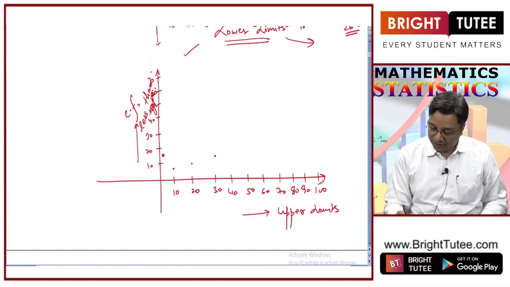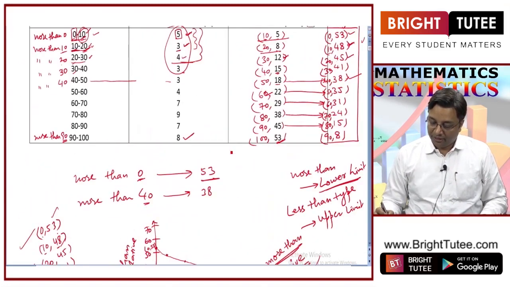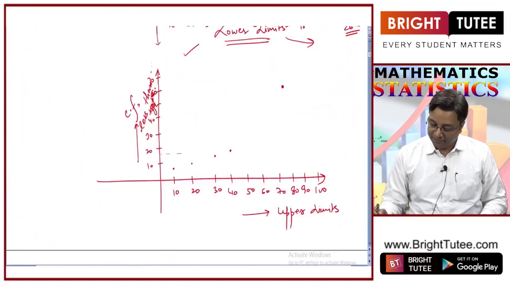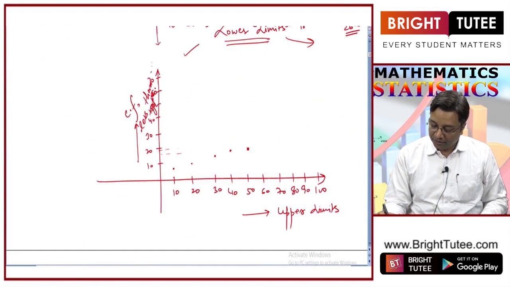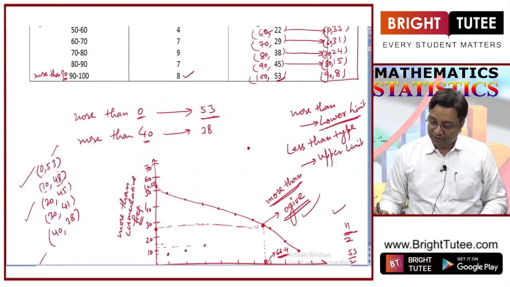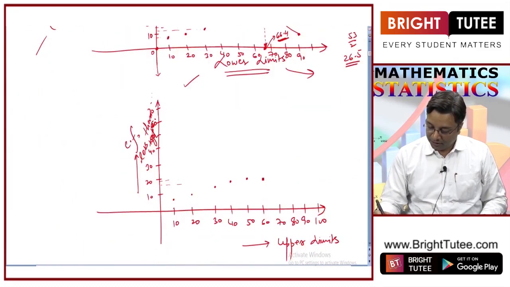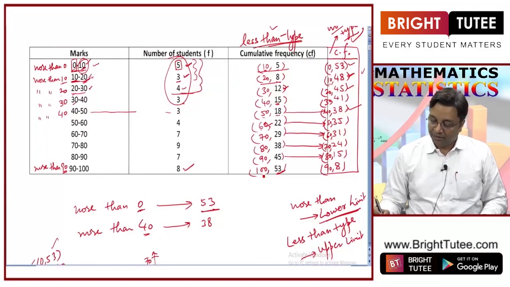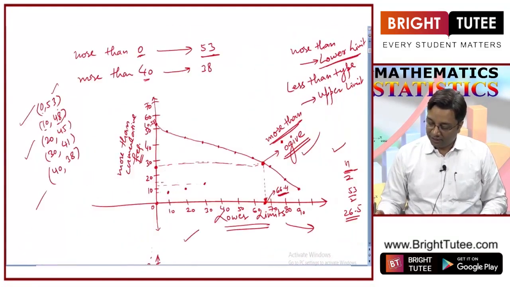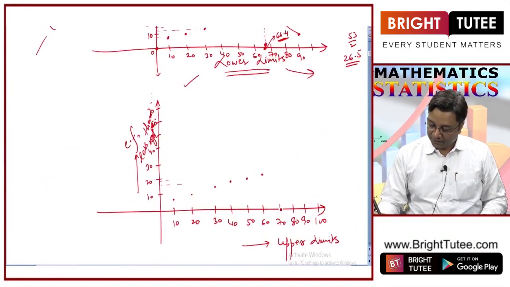40, 15 will be here. Next coordinate is 50, 18. So, 50, 18 will be here. 60, 22, 60 and 22 will be somewhere here. 70, 29, 70 and 29.